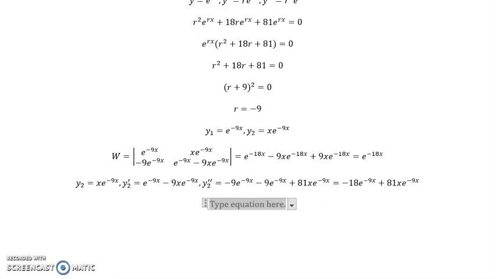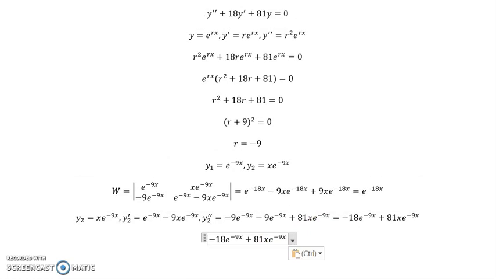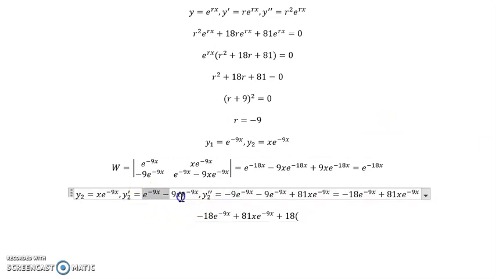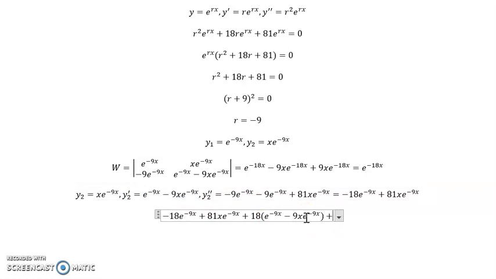So our second derivative was this. And then we had 18 times the first derivative plus 81 times the original function.